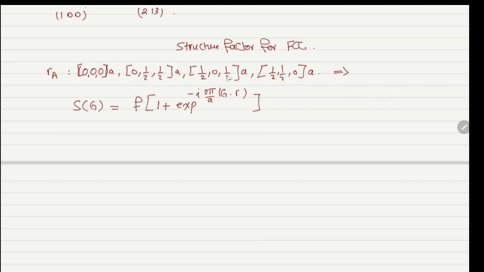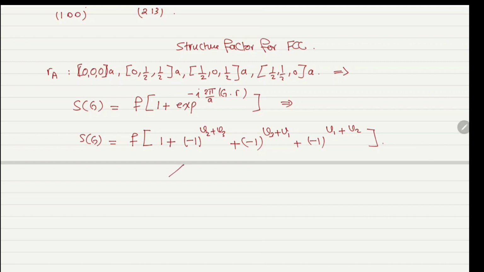The third one is 0, which means the structure factor equal to 1 plus minus 1 to the power V2 plus V3 plus minus 1 V3 plus V1 plus minus 1 V1 plus V2.